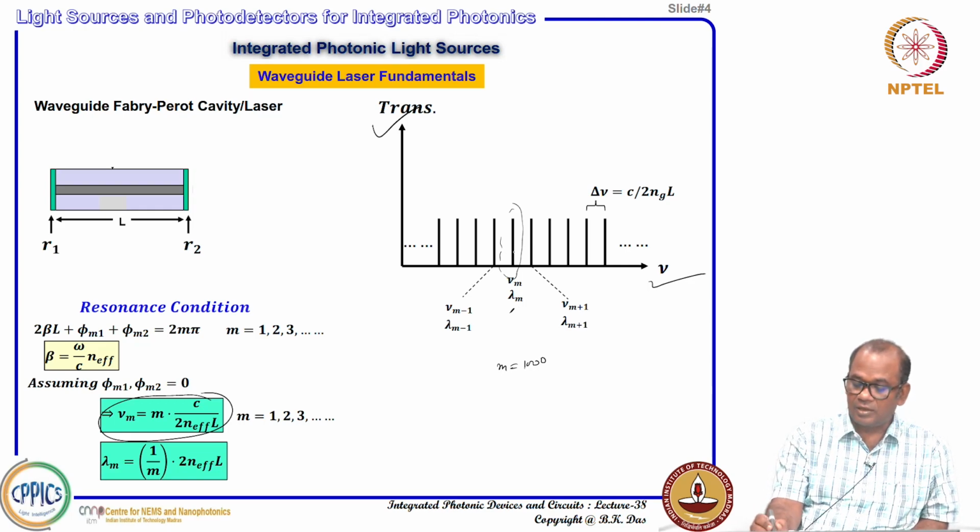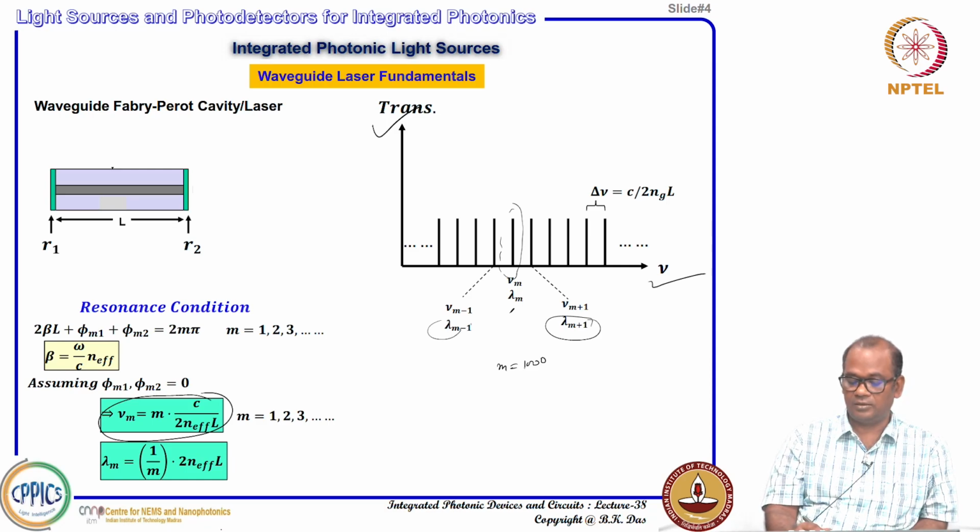Then you can have nu m minus 1. Whenever m becomes m minus 1, you have another frequency, because frequency will be reduced, and for m plus 1 frequency will be increased, corresponding lambda m plus 1, lambda m minus 1, you can find like that.